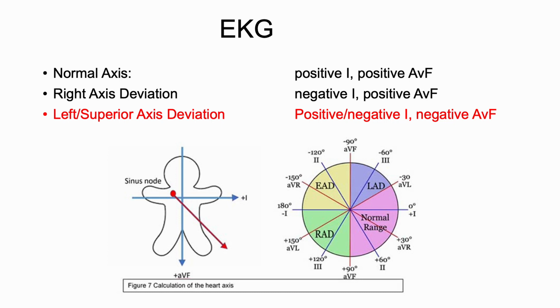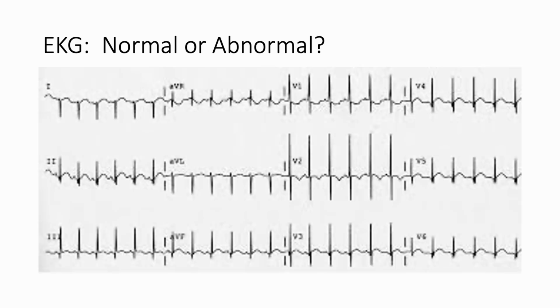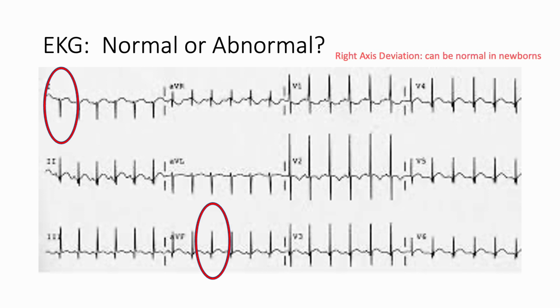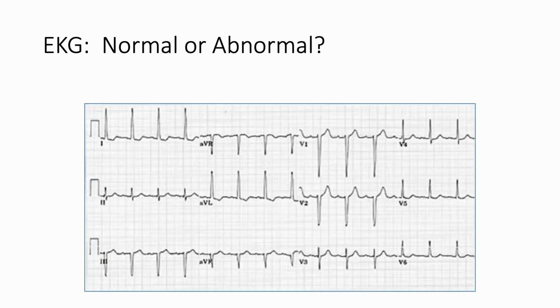So with that, knowing that, this is the EKG that you have. That is lead 1, it's negative. That is lead AVF, which is positive. And so this is right axis deviation, which can be normal in newborns because the right side of the heart is more prominent.